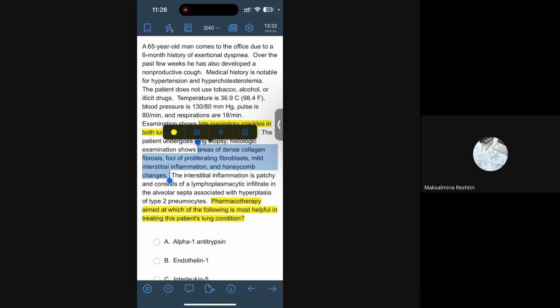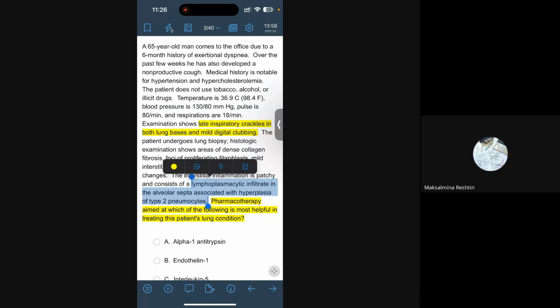It's not that if you see honeycomb changes it is going to be bronchiectasis. Bronchiectasis is an obstructive lung disease, so you have to see the whole question. Honeycomb changes can be found in both obstructive and restrictive disease. The infiltrate is patchy and consists of lymphoplasmacytic infiltrate in the alveolar septa associated with type 2 pneumocytes.